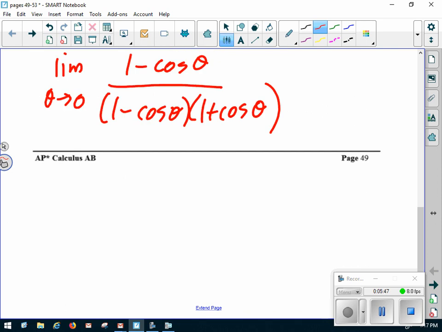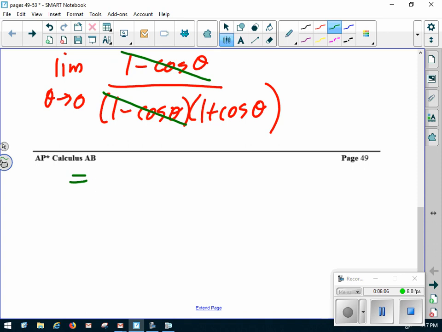Stop me if there's something you do not understand. Now we see what's left in the numerator: 1. Now I'm going to do direct substitution, so I will not write limit down again.